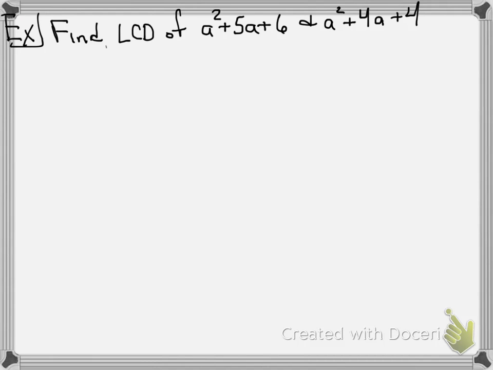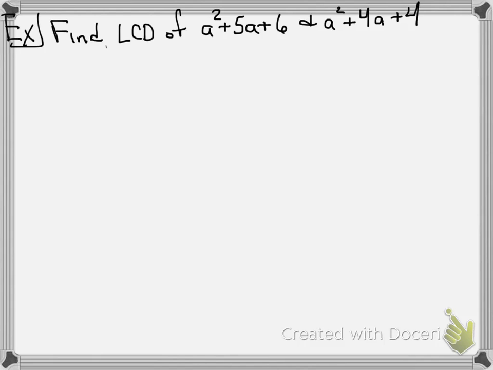All right, let's look at how we go about finding one of these common denominators if we have equations in our denominator. Let's say we've got something really ugly, where these are our two denominators, a squared plus 5a plus 6, and a squared plus 4a plus 4.